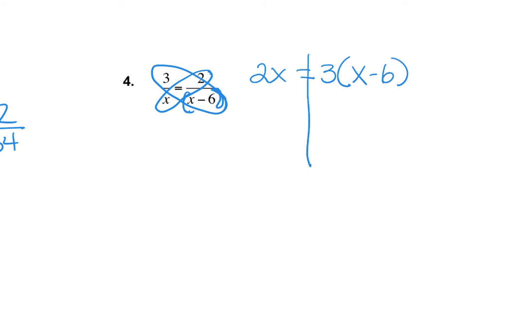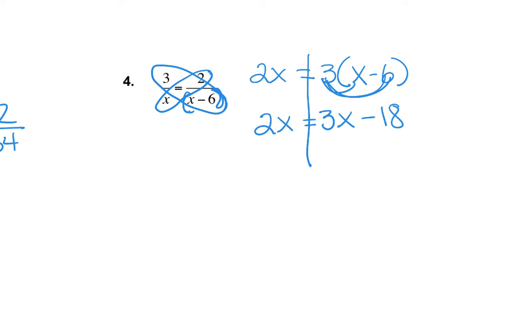So you have to multiply that entire quantity. Now notice we've got this equation with variables on both sides, and we have to simplify before we can move anything from side to side. So I'm going to start by multiplying and taking 3 times x, we'll get 3x. And then I'm going to take 3 times negative 6, and I'll get negative 18. And now I'll just rewrite my 2x here. Now, if you've got the variables on both sides, you need to combine those variables first. I'm not going to want to subtract that 2x.